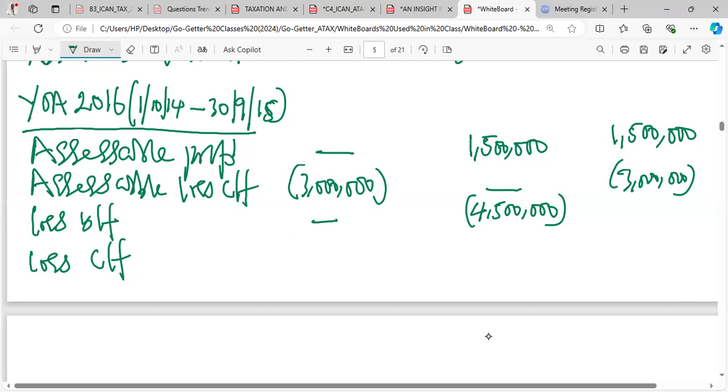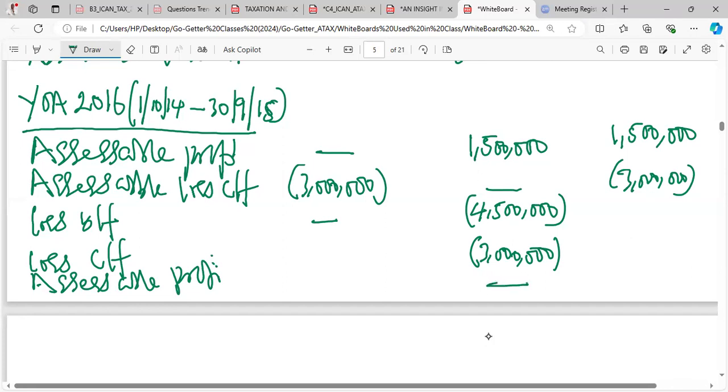So your loss to be carried forward is 3 million. So this is the loss that is going to be carried forward. So what will be your accessible profit here now? Accessible profit will now be nil. So there is a nil profit here as against all of this. So there's a nil profit for the group.